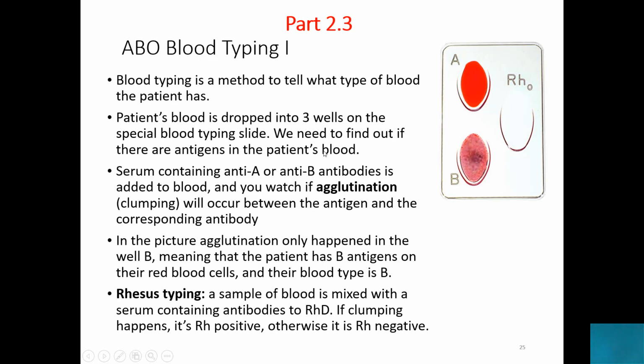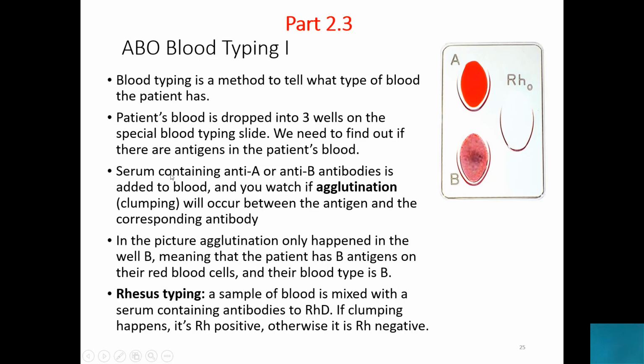So we need to find out if the patient blood has any antigens. A is for determining antigen A on the surface of the patient's red blood cells, B for determining antigen B, and Rh for antigen Rh. Those are proteins on the surface of red blood cells, you remember.